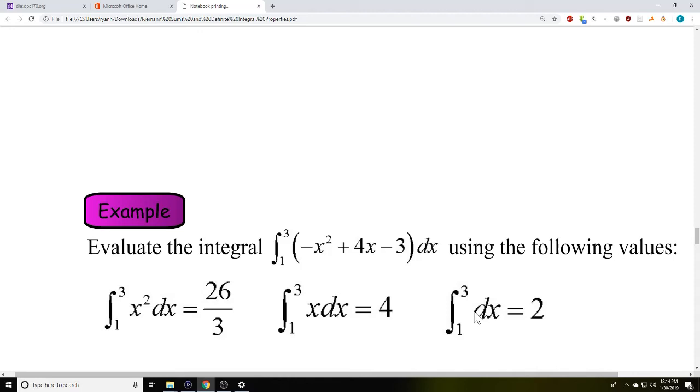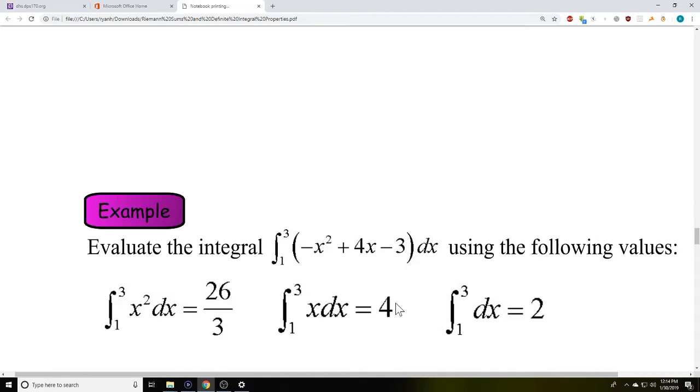The base from 1 to 3 is going to be 2. And then the height is going to be 1, because it's at y equals 1. And so 2 times 1 is going to be 2, all right? And you can do that for this function too, because if you drew a picture of this, this would just be a trapezoid. And you could find that the area of that trapezoid would have to be 4. All right.